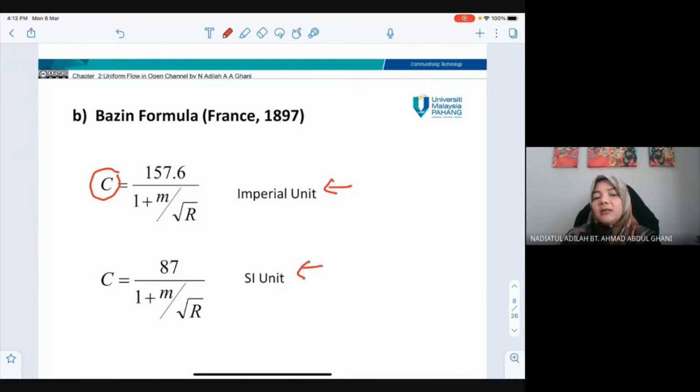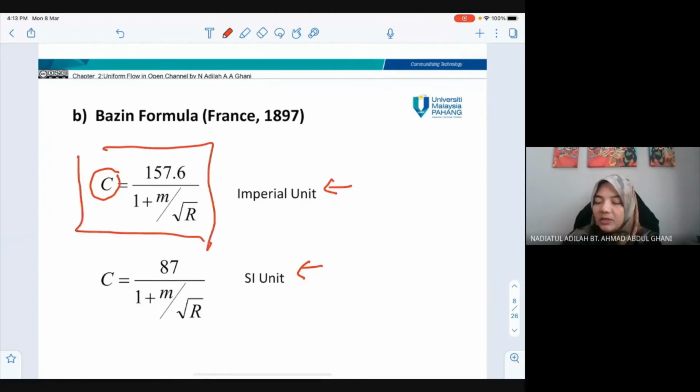Again, you need to understand your given questions. If all the units given in the question are in imperial unit, you refer to this formula. But if the question is in SI unit, you use the one below.